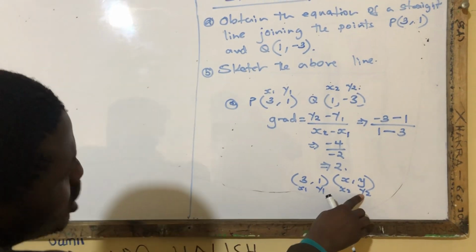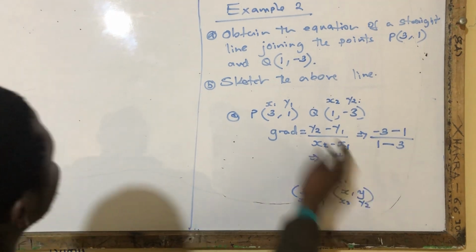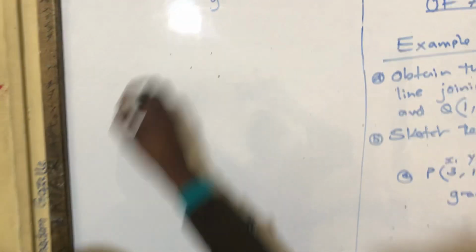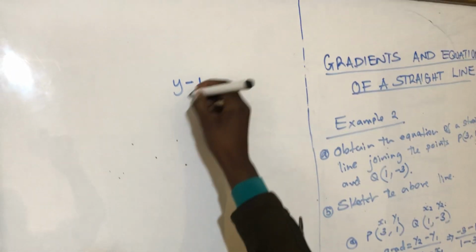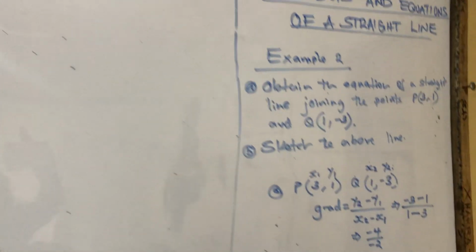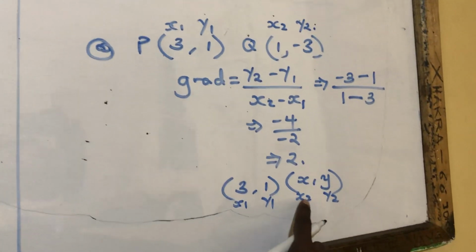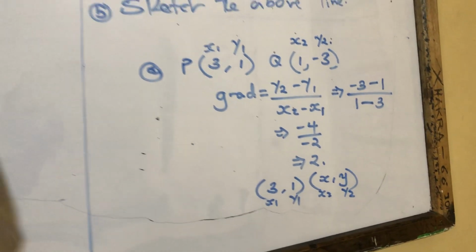So I'll take my y2. What's our y2 in this case? It is y. I'll subtract from it our y1, which in this case is 1. I'll put all over x2, which in this case is x.